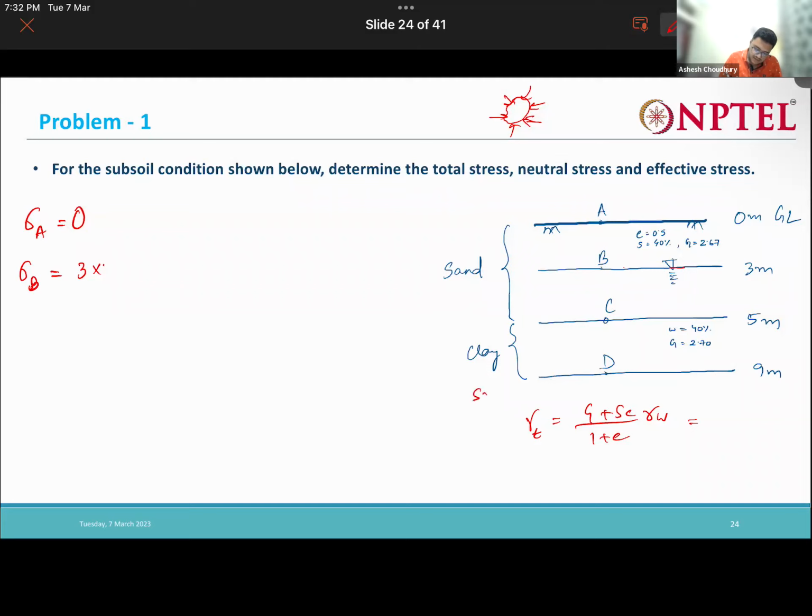This is for the sand. Gamma T. G is 2.67 plus S is 0.4, e is 0.5, divided by 1 plus 0.5 into 9.81. So it's 20.46. 18.77 I'm getting.